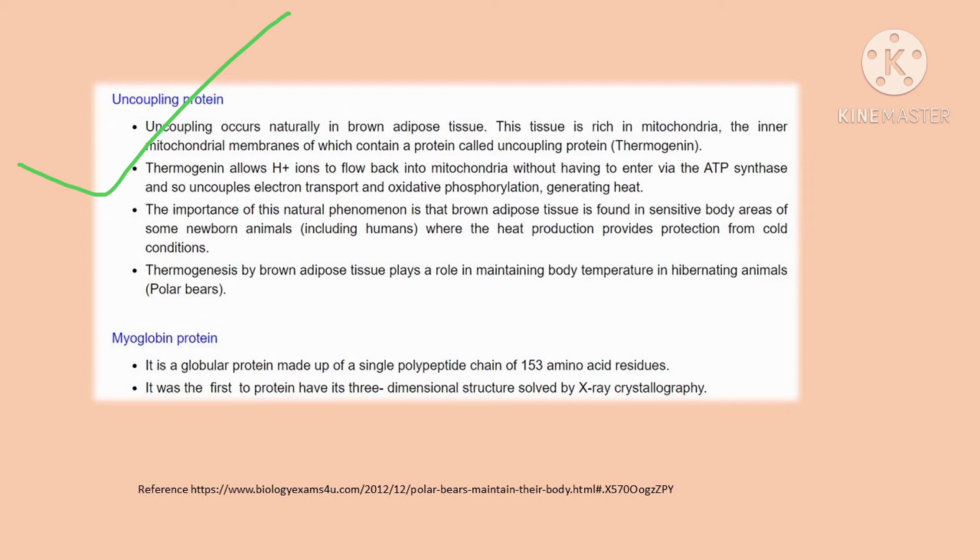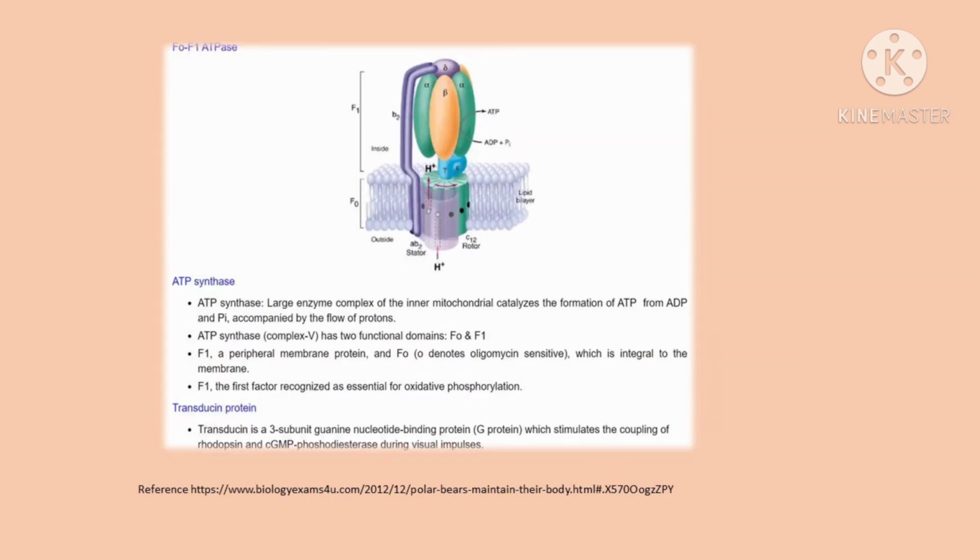The next option is F0 F1 ATPase. This ATP synthase is a large enzyme complex of the inner mitochondrial membrane, and it catalyzes the formation of ATP from ADP and Pi, accompanied by the flow of protons. ATP synthase, seen in complex number 5, has two functional domains, F0 and F1.